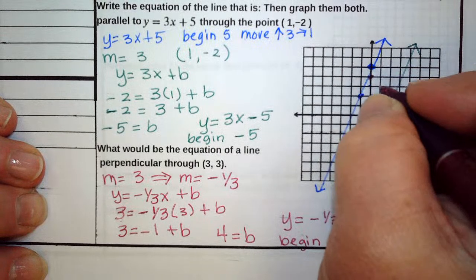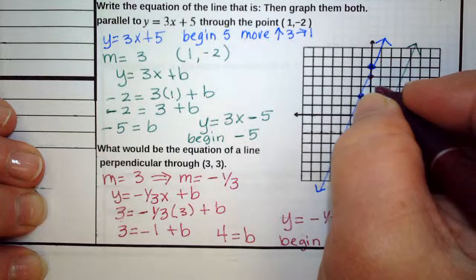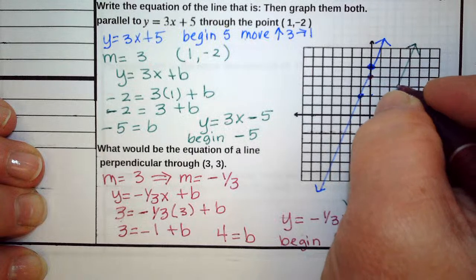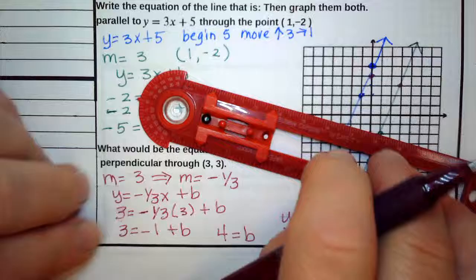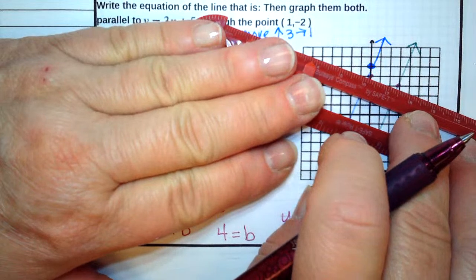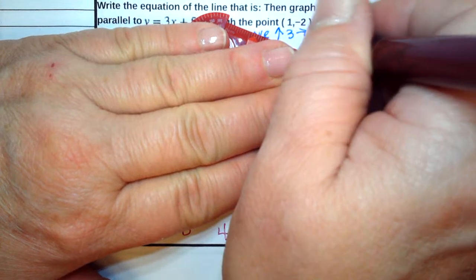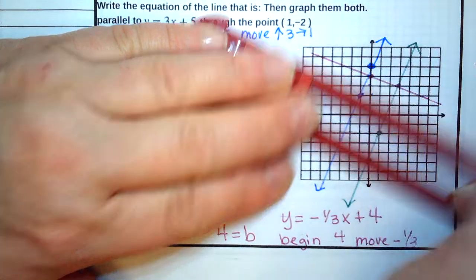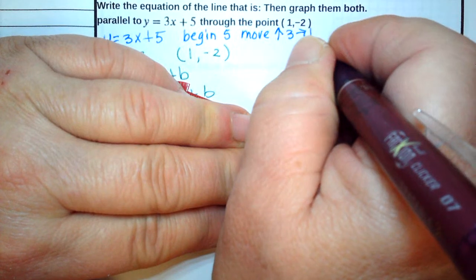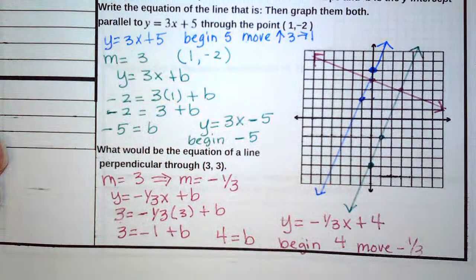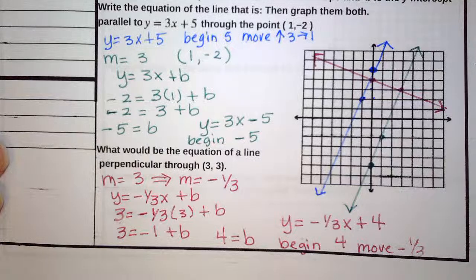I go down 1 and right 1, 2, 3. And the really neat thing is it will be perpendicular to both of those lines, not just one. The lines are parallel, so the line we drew perpendicular to the first will also be perpendicular to the second.